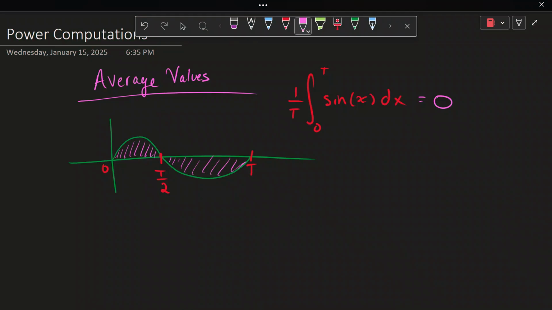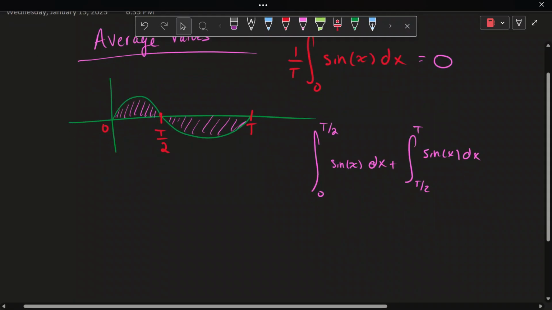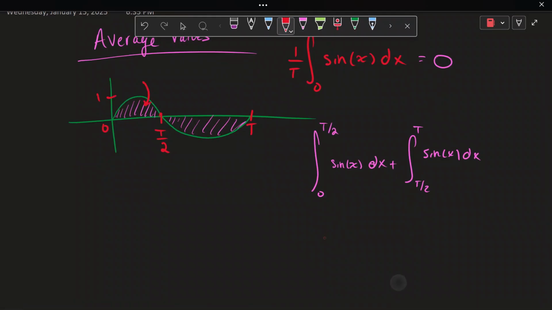If we split up the integrals, we split it from 0 to T over 2 of sine of x plus the integral from T over 2 to T of sine of x. What's the integral from 0 to T over 2? What is this area? Let's just say it's 1.